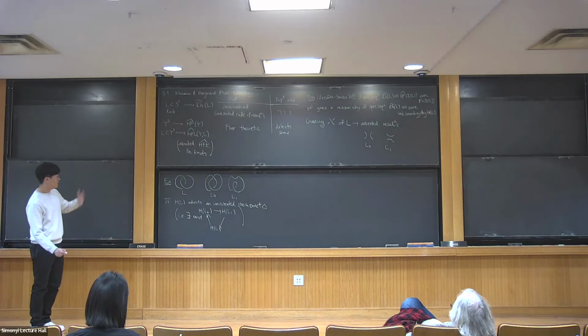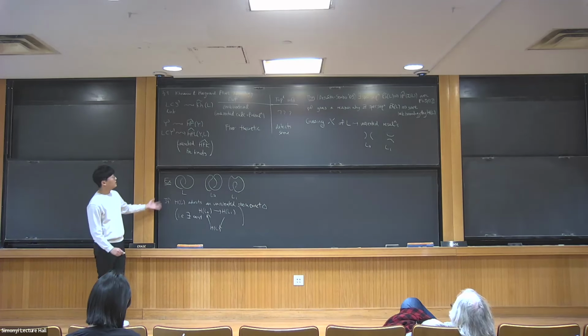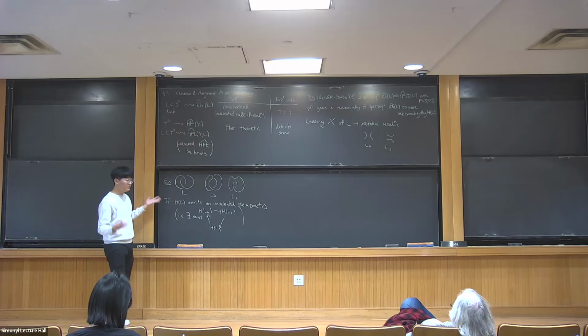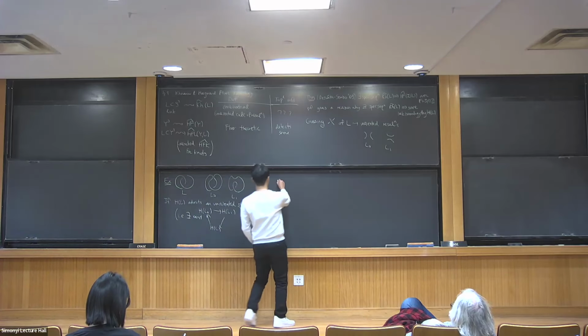Then Ozsváth and Szabó say that very often, especially in that case, you can iterate this unoriented skein exact triangle.